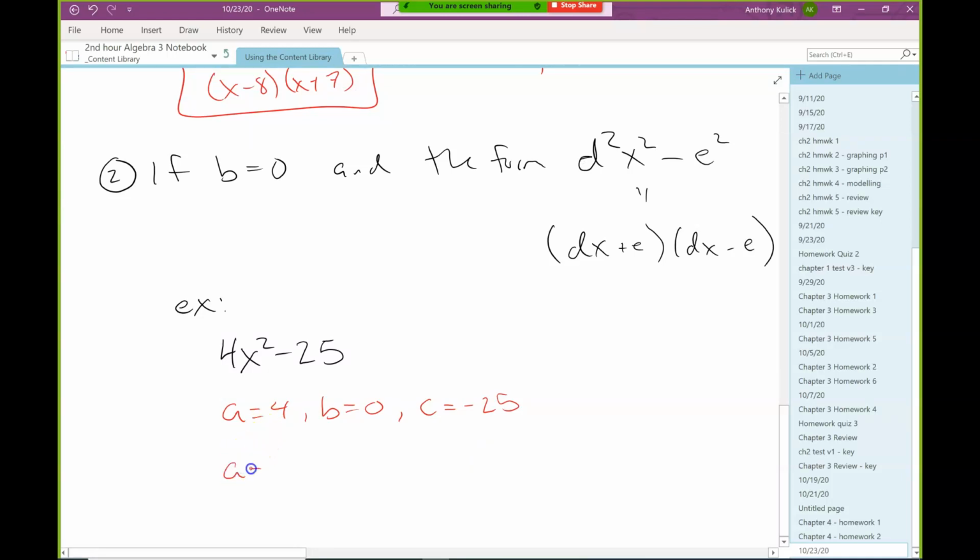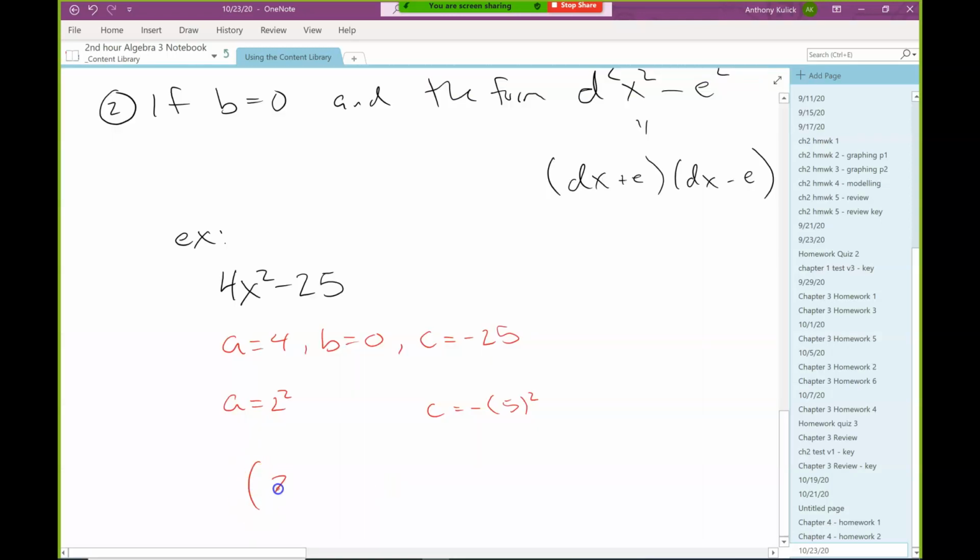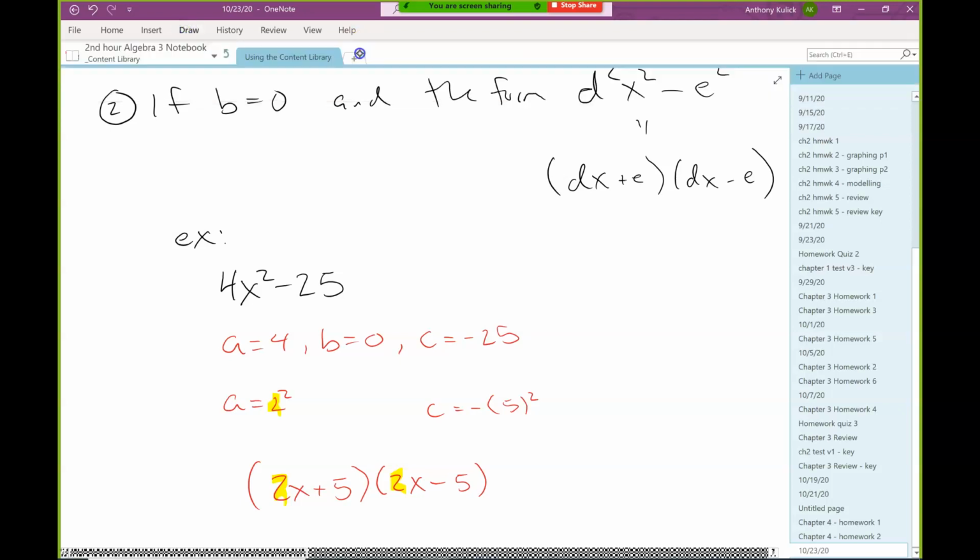I notice that A is something squared, and C is the negative of something squared. Everybody okay with that? That's all I need. So now I can say 2x plus 5 times 2x minus 5. Where the 2 is coming from this, and the 5 is coming from that part.